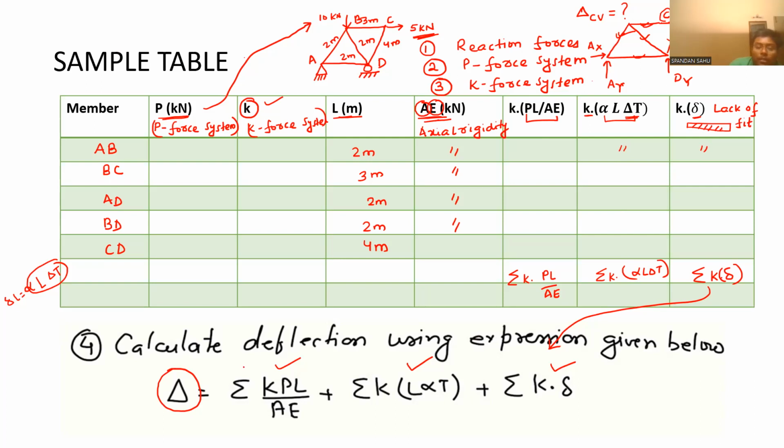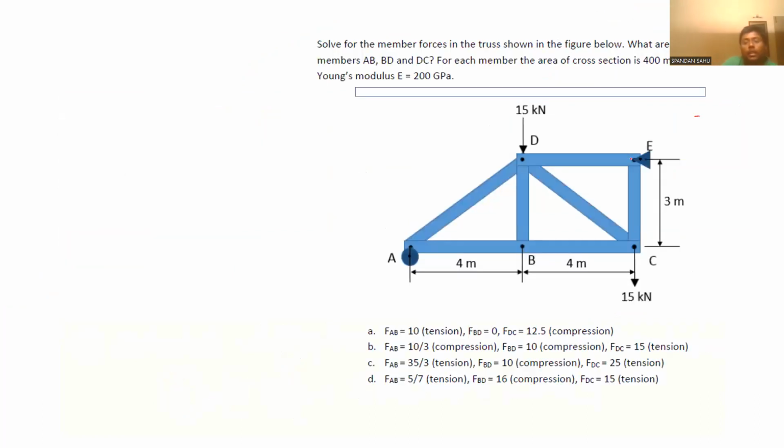So combinedly, when you add up, you will get the total displacement for the given joint which you want to calculate. So now let us solve some problems.